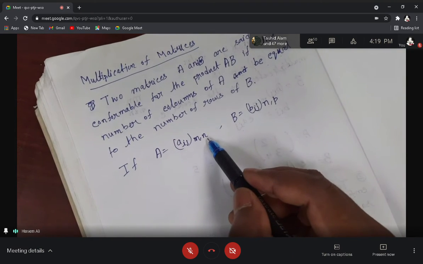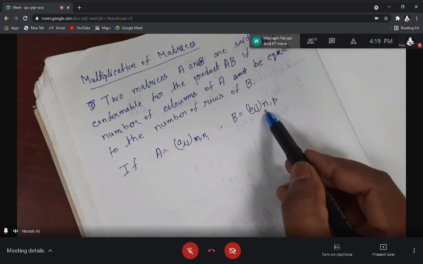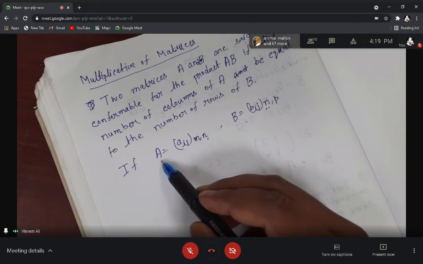Here the number of columns of A is n and number of rows of B is also n. So we can multiply these matrices A and B.